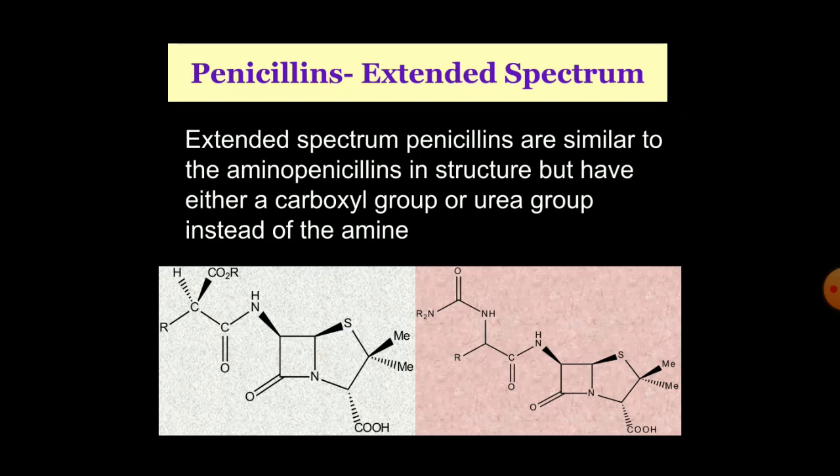These extended spectrum penicillins are similar to the aminopenicillin structure, but have either a carboxyl group or a urea group instead of the amine. So that is the one difference, a little bit of difference in the side chain, which makes this one effective against more gram-negative bacteria, including Pseudomonas.